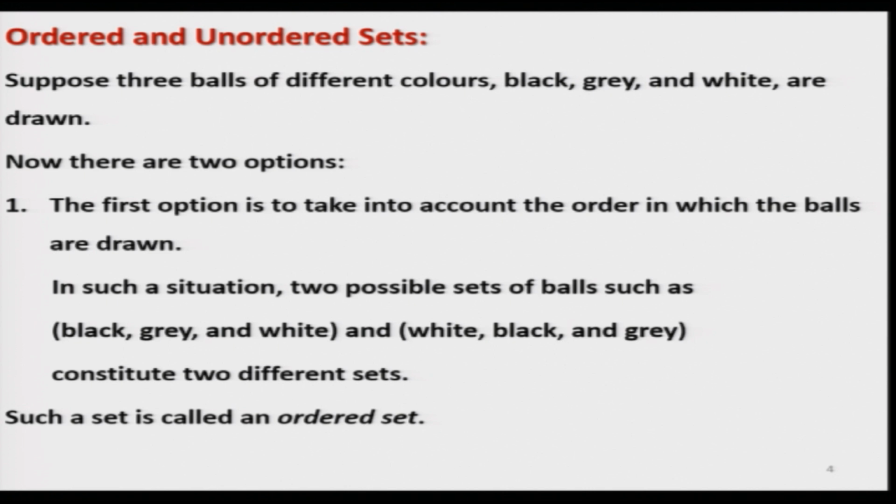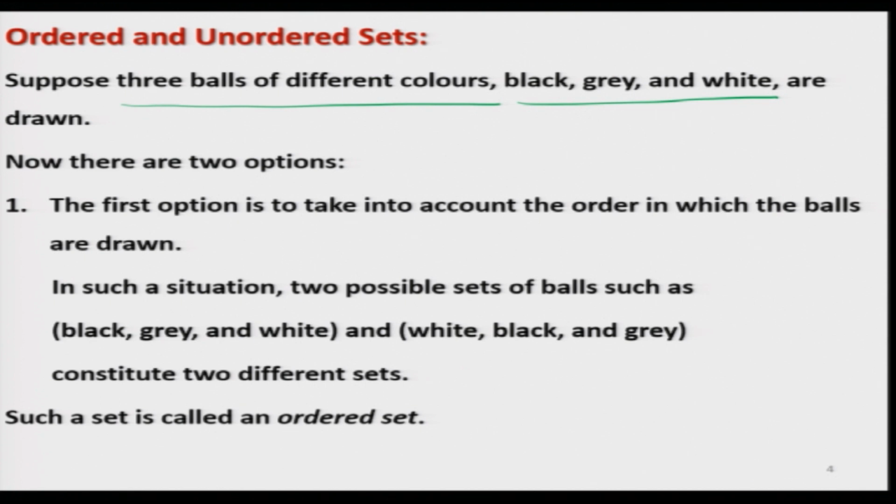To understand these two simple concepts, let me take a simple example. Suppose there are 3 balls of different colors, say black, grey and white, inside a box, and we try to draw these balls.